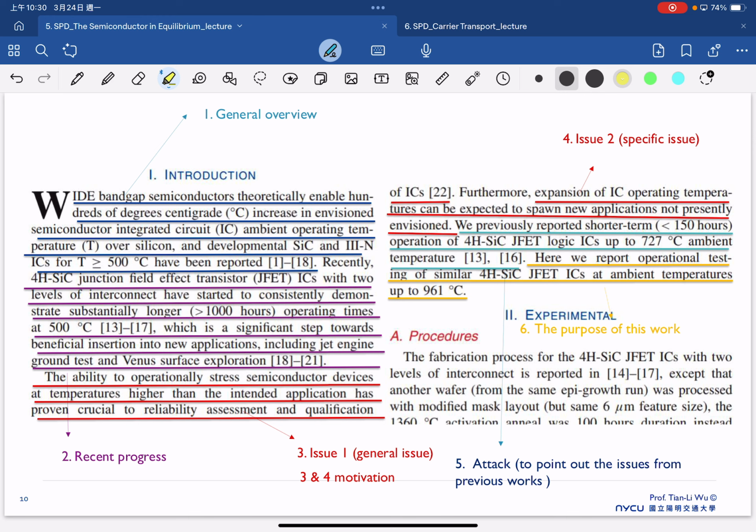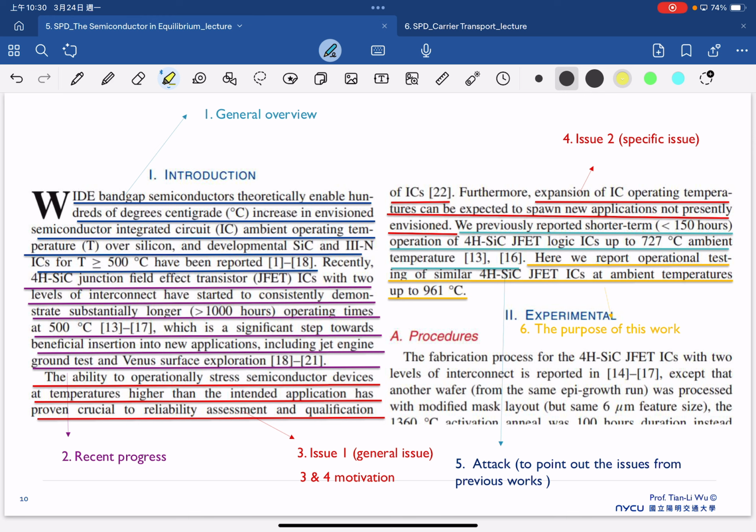So for lots of IEEE level papers, the first author is probably not a Native American. But it will be interesting to see how pure Native Americans organize and write the paper. That's why we specifically try to analyze this paper, because we can learn how Native American people write the paper.